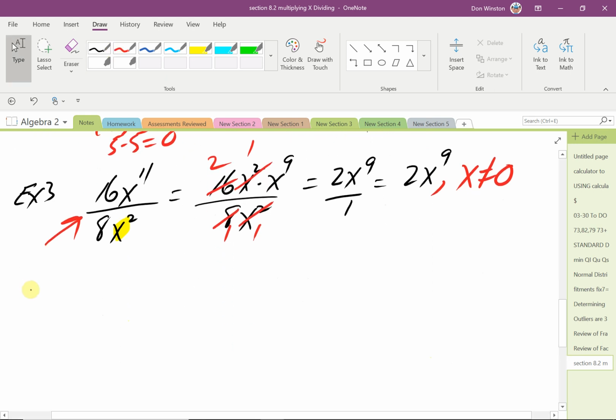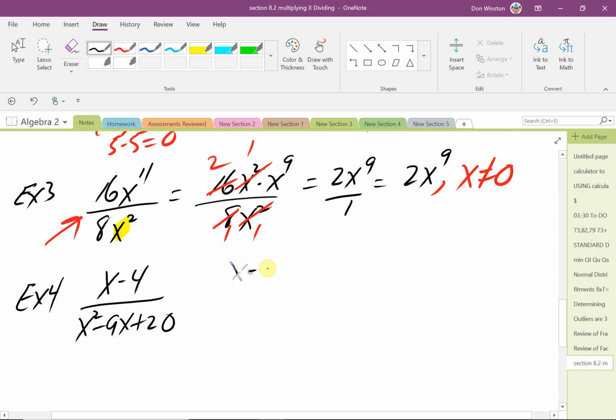Next example, example number 4. So let's say here I have x minus 4 over x squared minus 9x plus 20. Okay, so factors of a positive 20 that add up to negative 9, that would be x minus 4, and then times x minus 5.